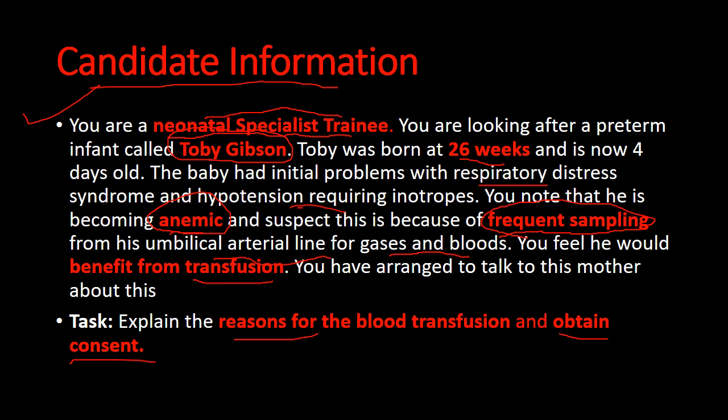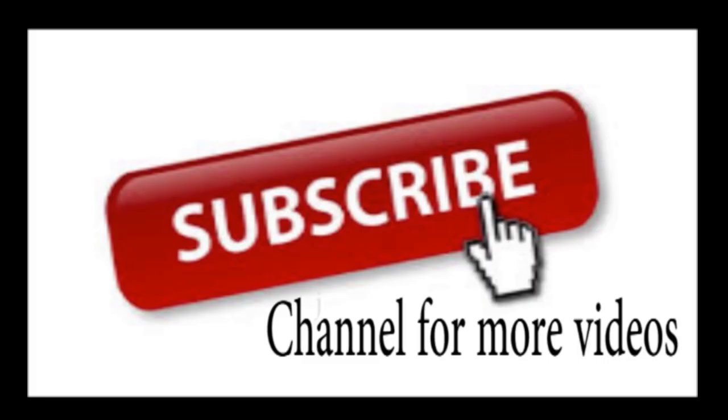It's okay because you already told that you are there for the consent. So reasons for the blood transfusion, as you know, you have to tell the mother about the reasons for the blood transfusion.